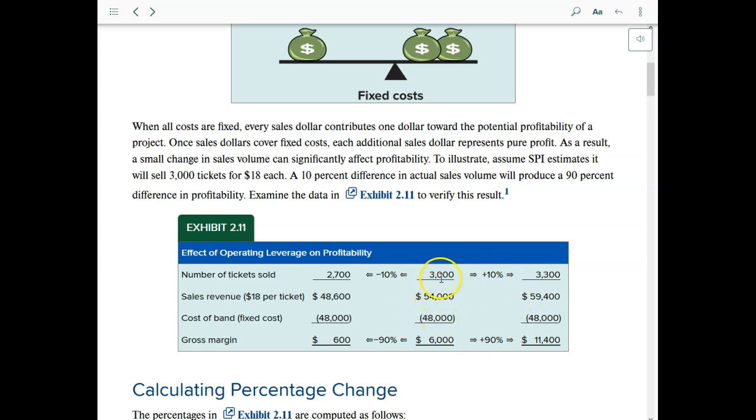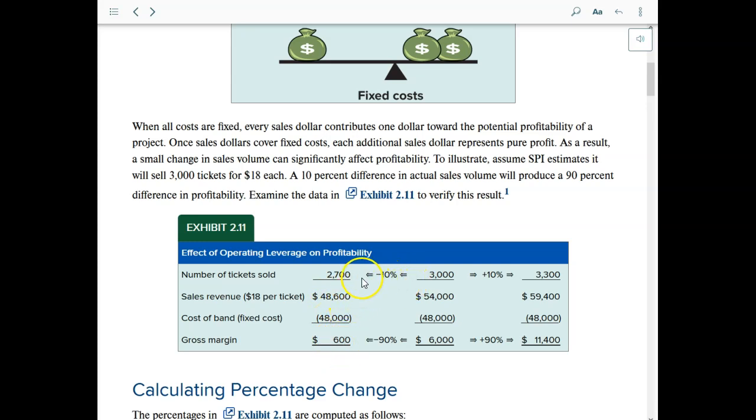Look what happens though if you drop in volume. Let's drop 10%. So we don't sell 300 of those tickets. So only 2,700. Revenue drops to 48,600. 2,700 times 18. Fixed costs don't change. Look at our gross margin. We drop all the way down to $600.